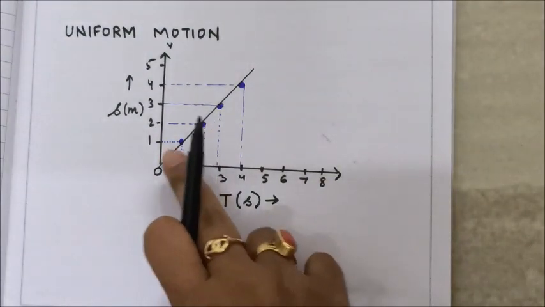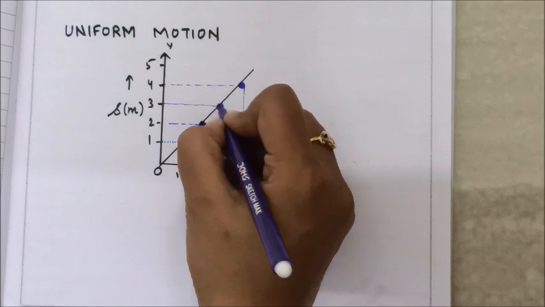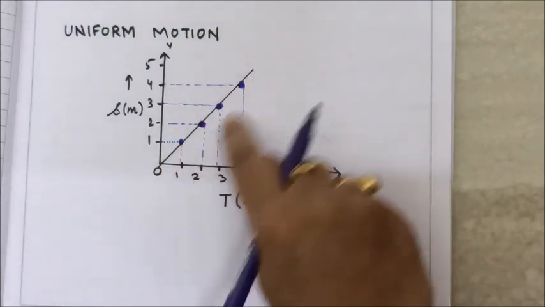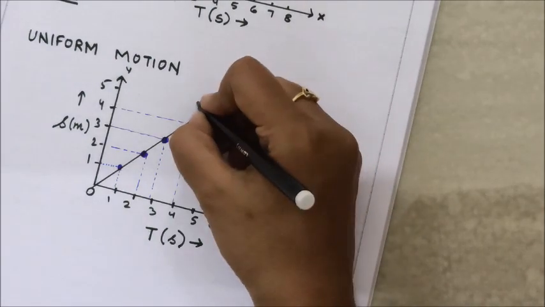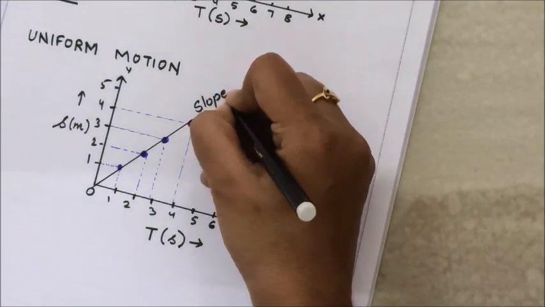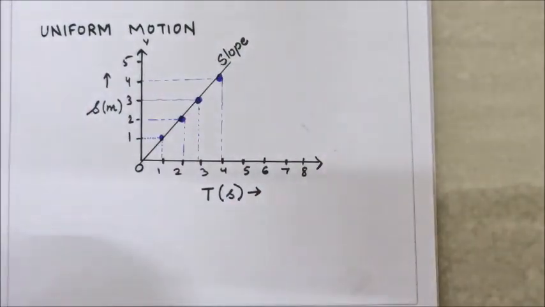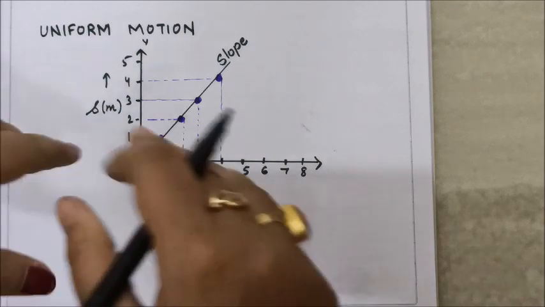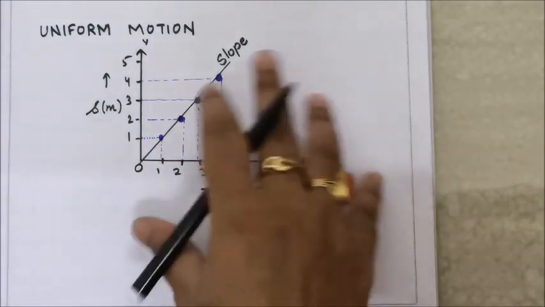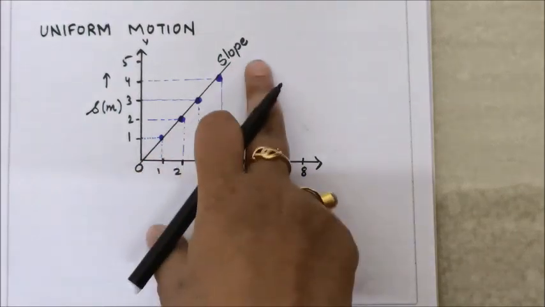All my points are lying on the graph. Now this line over here which we got by connecting the dots is called the slope. The detail of this slope you will be studying in class 10. There is a chapter of trigonometry in mathematics. The details will be in that chapter. Just for briefing, slope is the name of this particular line.